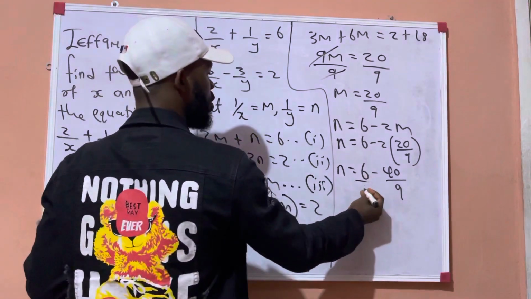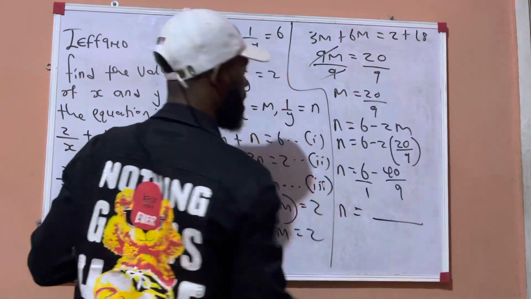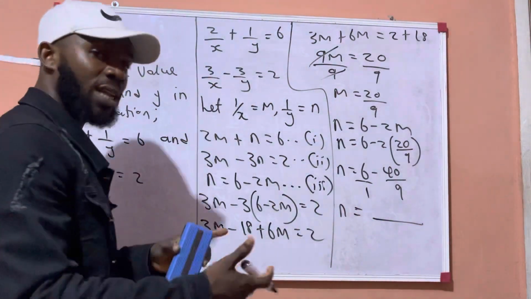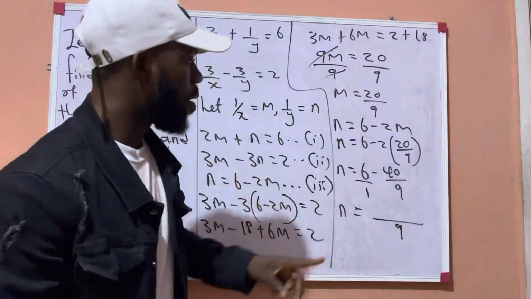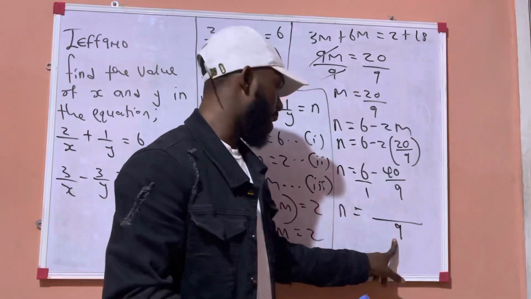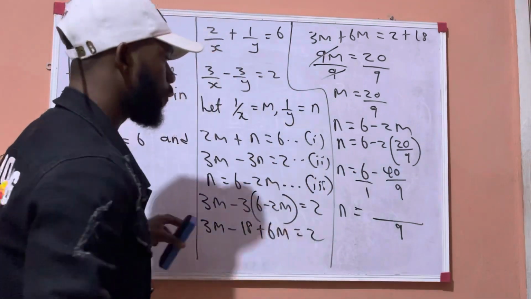Now we have 6 over 1, so n becomes, now we look for the LCM of 1 and 9. The LCM of 1 and 9 will give us 9. Now 1 into 9 will give us 9, and 9 times 6 will give us 54.